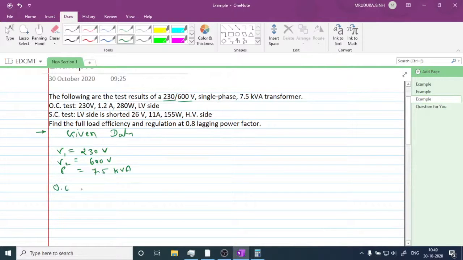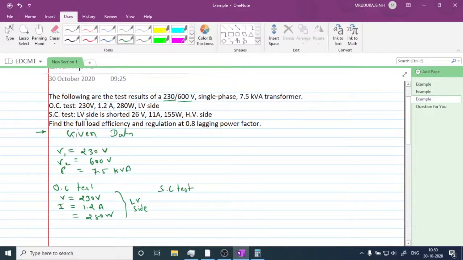The data from the OC test: the voltage V is 230 volt, I is 1.2 ampere, and the power is 280 watt. But this data refers to the LV side, that means low voltage side. And now we'll look at the SC test, short circuit test.